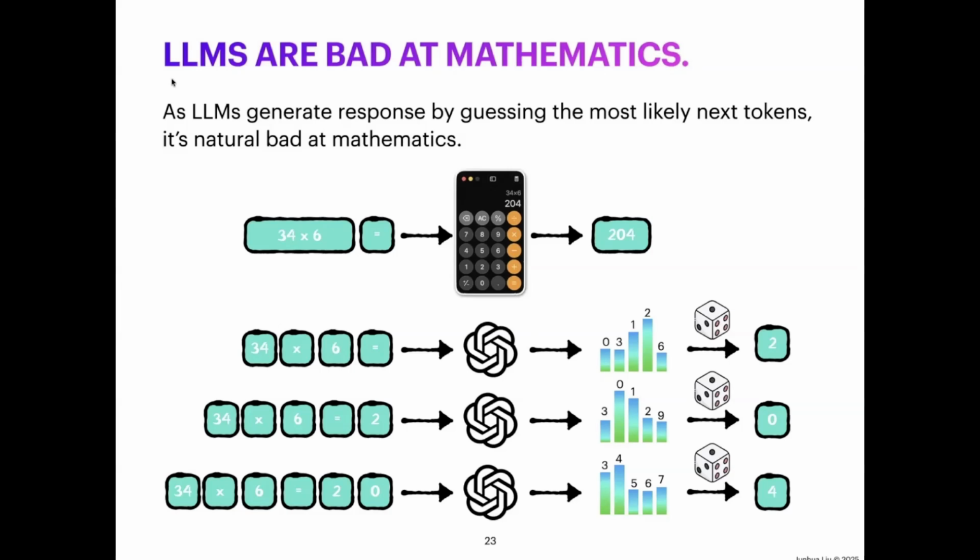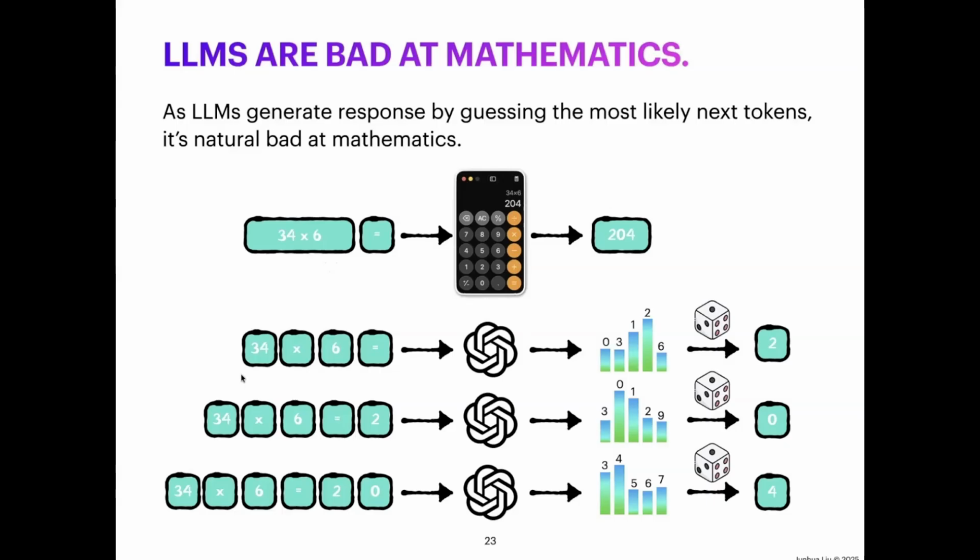The reason is that a large language model generates the response token by token, right? So if we put a very simple mathematical equation like 34 times 6 into a tool or some algorithm, we can easily get a deterministic response that is always correct if the task is not too difficult.